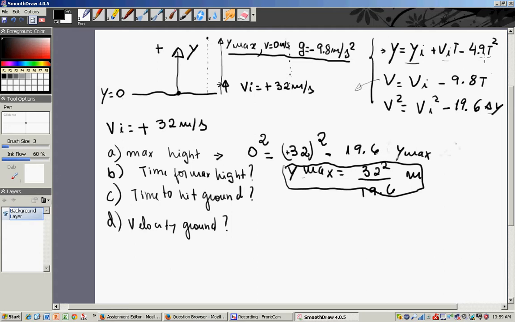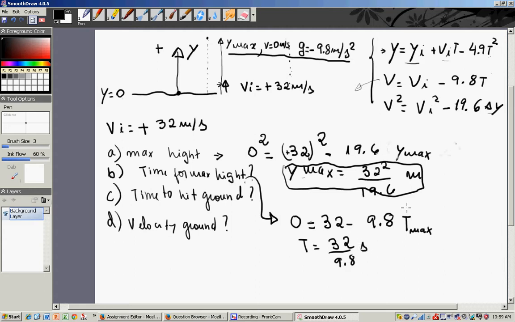How about the time for maximum height? Well, since I know the maximum height, I can plug it in here and get the time. I can also use the second equation. Let's use the second equation to find the maximum time. Final velocity is equal to initial velocity minus 9.8 times the time it takes to reach maximum height, y max, right?